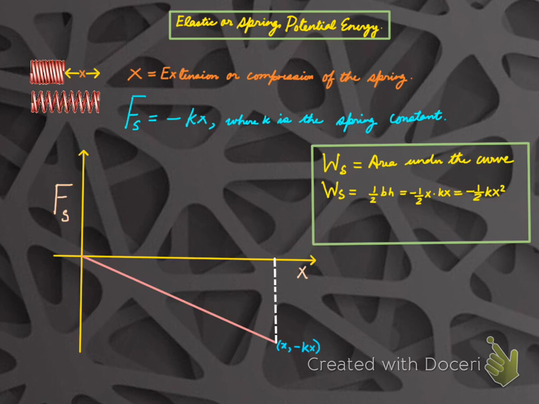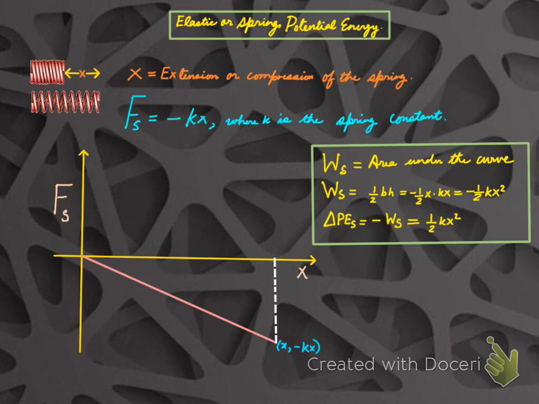So therefore, the change in potential energy of the spring, or the potential energy stored in the spring as a result of extending or compressing the spring, is given by the change in potential energy equals the negative of the work done by the spring. So the change in potential energy of the spring is 1/2 kx squared.